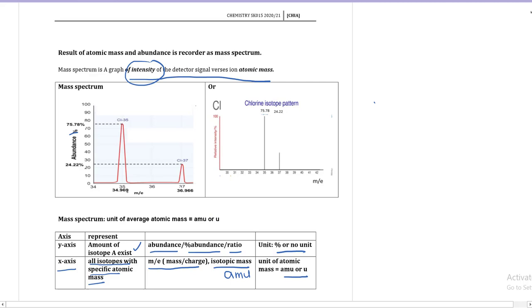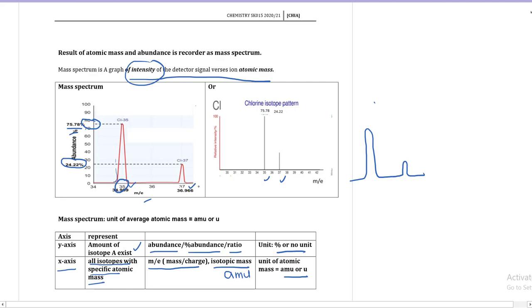Let's say here this one is 35 chlorine and this is 37 chlorine. For the abundance, they can draw the peaks like this. This is 35 chlorine, and the abundance is 75.78. For 37 chlorine, the abundance is 24.22%.